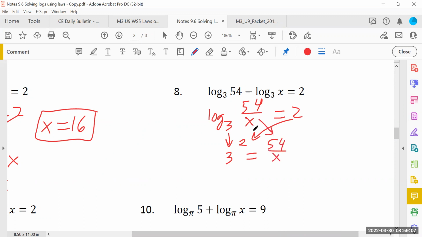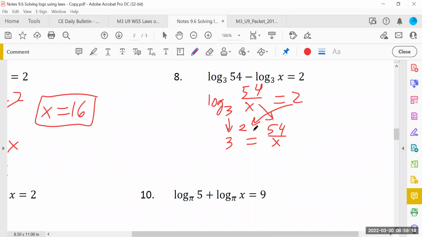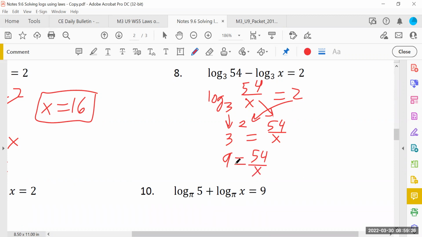Again, whatever was inside the log comes down, the other 2 switch. 3 squared equals 54 over x. 3 squared would be 9. And here you can either make this 9 over 1 and cross multiply, or just multiply both sides by x. Either way, you'll end up with 9x equals 54. Divide by 9. X is equal to 6.